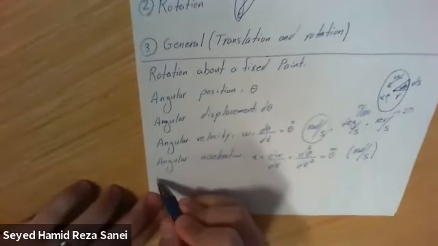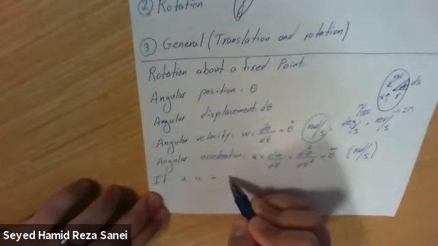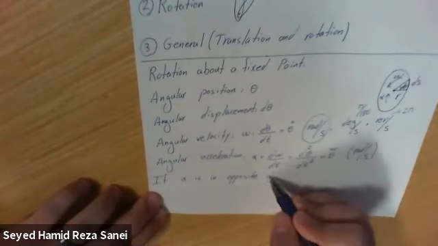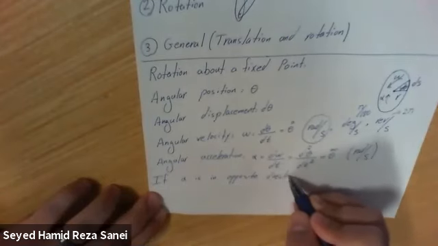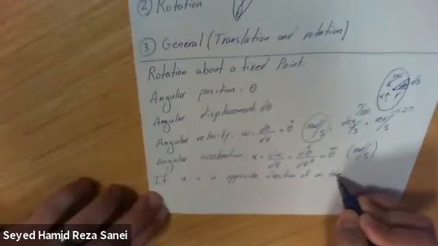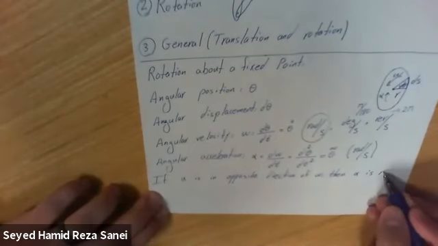So if alpha is in the opposite direction of omega, then alpha is referred to as angular deceleration.